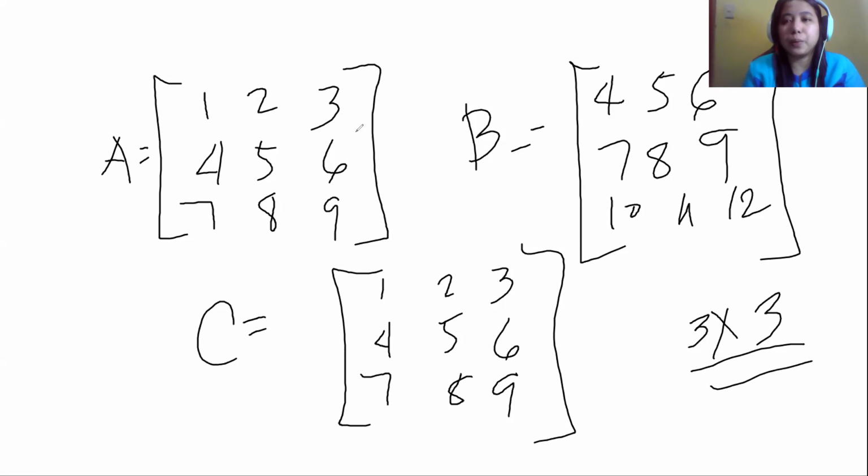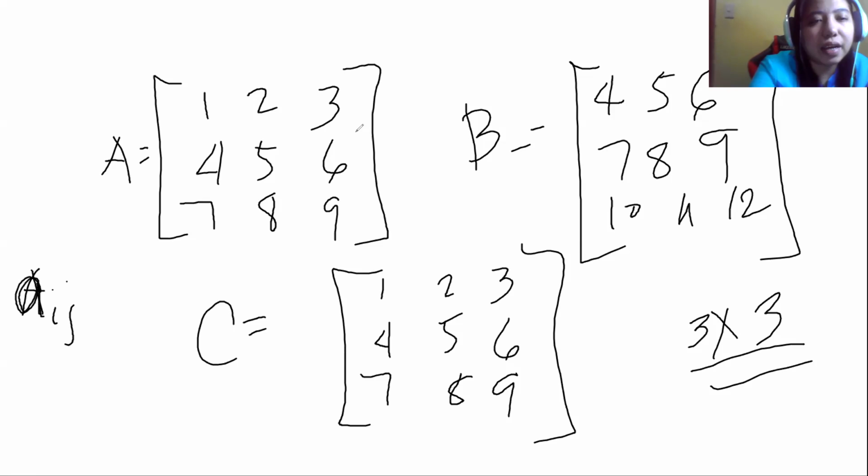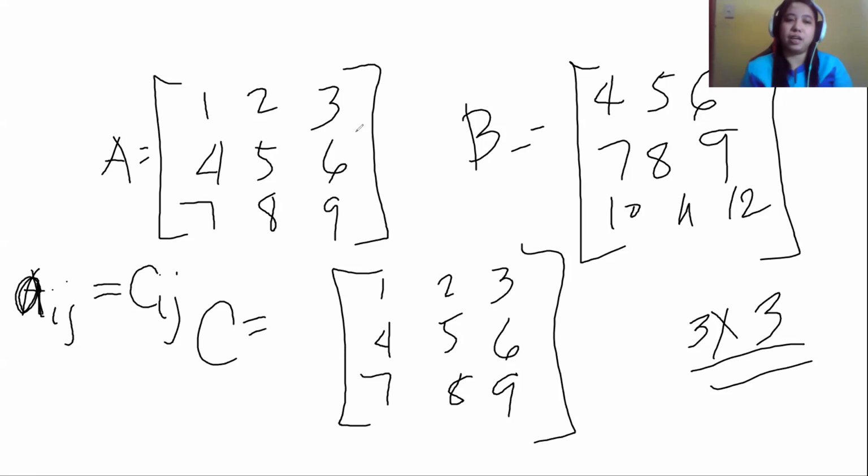But if we inspect the elements, we can see that the elements in B are not the same as A and also not the same as C. But the elements of A, A sub ij, are equal to the elements of C sub ij, which means that A and B are not equal, but A and C are equal. Okay, so let us move to the next slide.